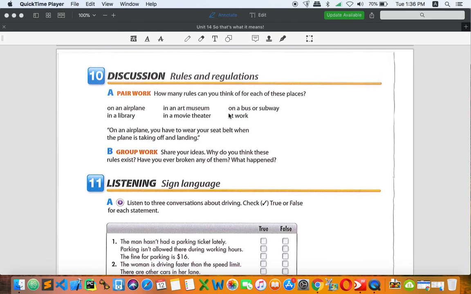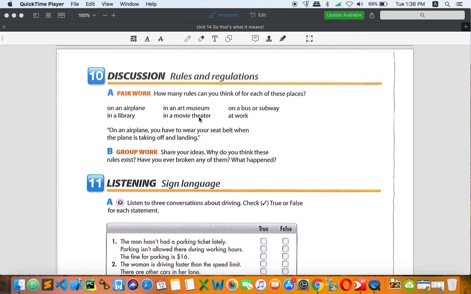And in a movie theater, yes, you have been there a lot, I think more than the museum, more than the libraries, right? Because a lot of people love going to the movies, especially when the new movies appear. In a movie theater, I think you have to throw away your trash after the movie.